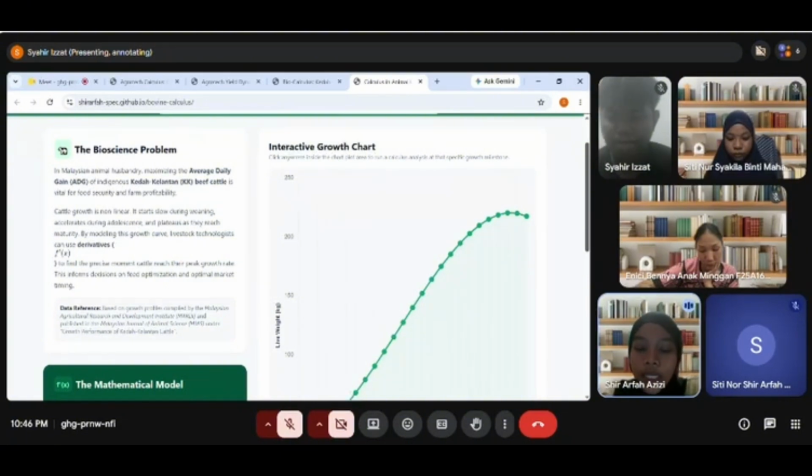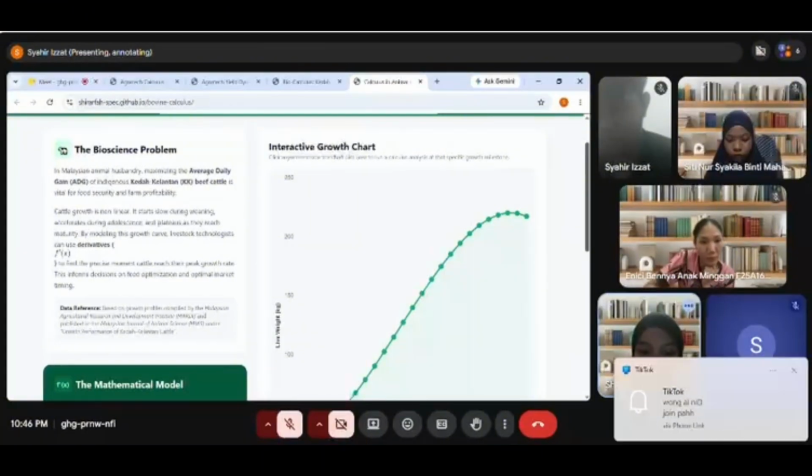My name is Siti Arfah binti Muhammad Azizi, and I specialize in the intersection of mathematics and agriculture science. I believe that data-driven insights are the key to modernizing the industry and ensuring sustainable domestic food production.